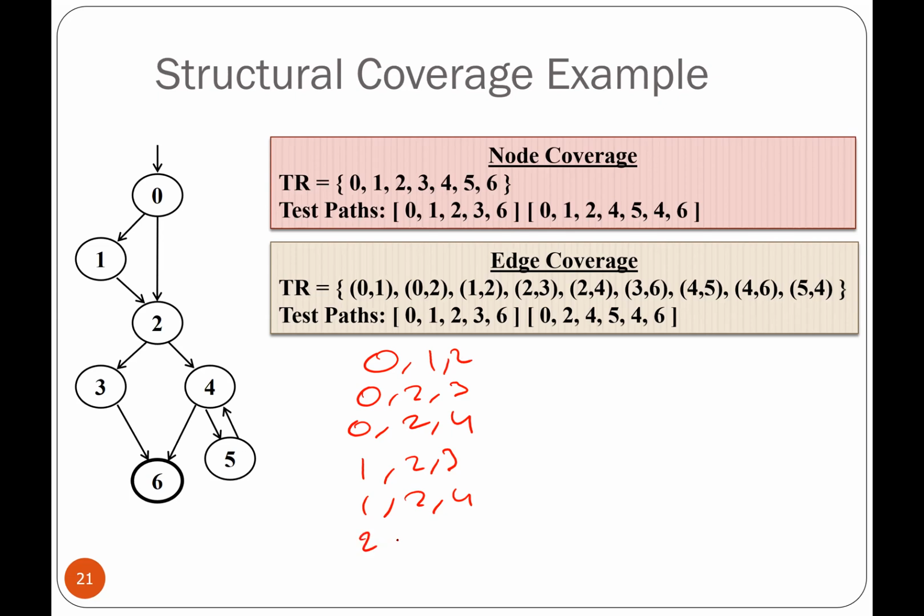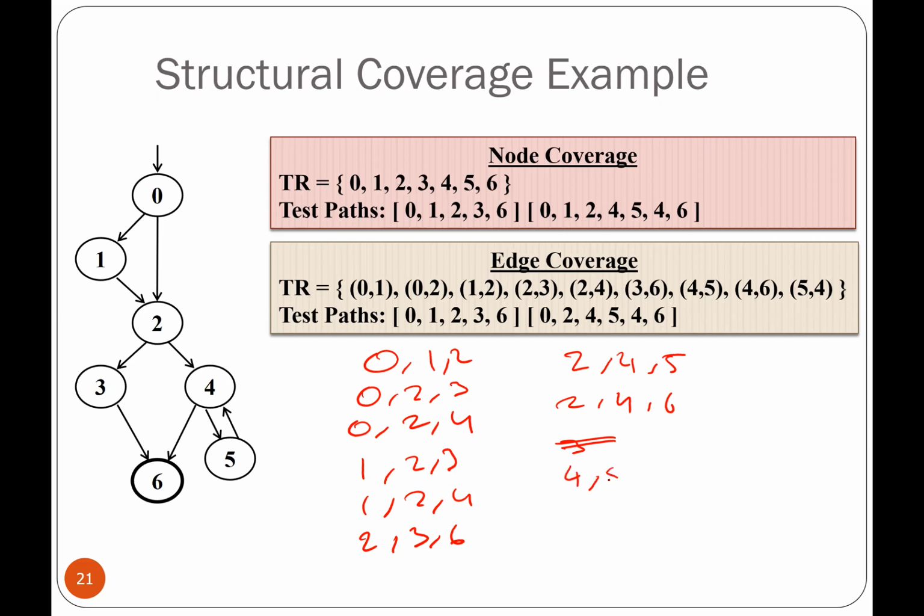Next up, 2. Okay. I got 2, 3, 6. And then I got 2, 4, 5. I got 2, 4, 6. Right? Next up, number 3. I can't have anything with two edges with number 3. Number 4.